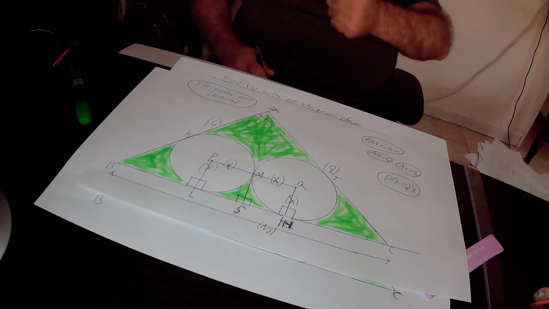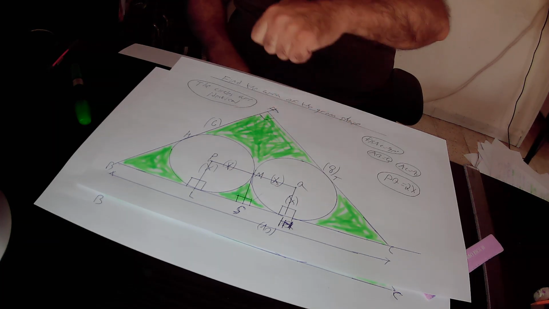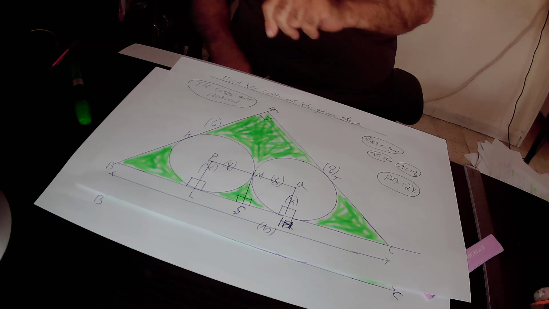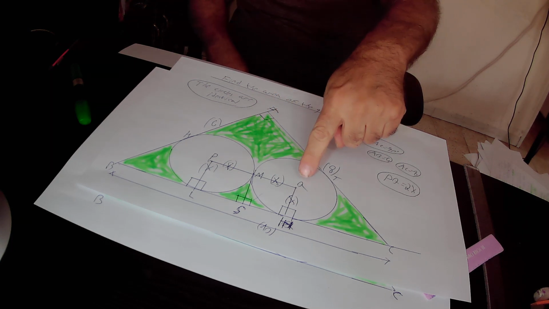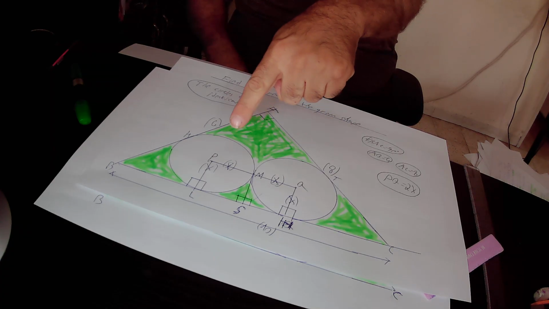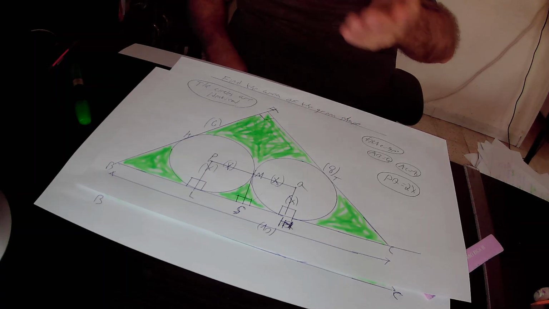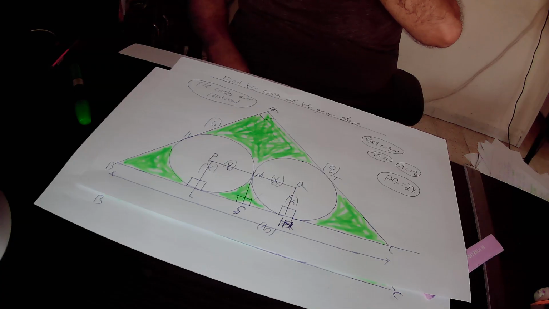It is very easy to see from the drawing that SM is a tangent. It is a common tangent of those two circles. SM is a tangent to this circle at point M. SM is also tangent to this circle at point M. So according to rule 1, a tangent to a circle is perpendicular to the radius drawn to its point of tangency.